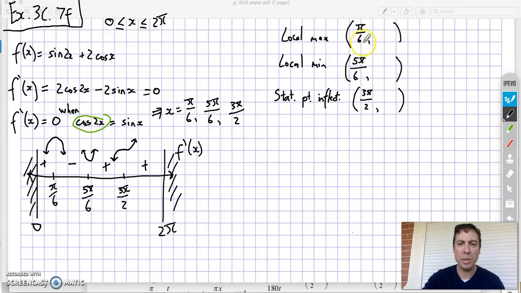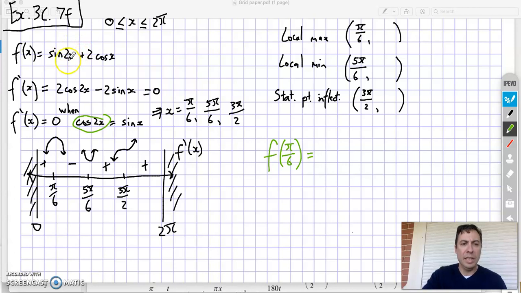Well, when we have x equals pi on 6, we need to think about what point that would be on our original function. You may want to actually do this on a calculator. I won't write that. What value does the function give us at pi on 6?